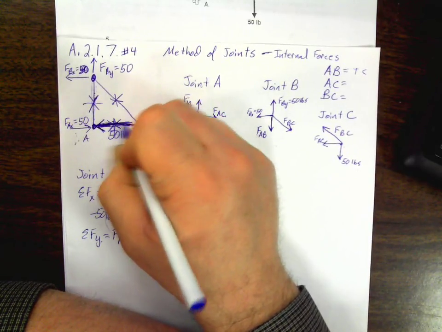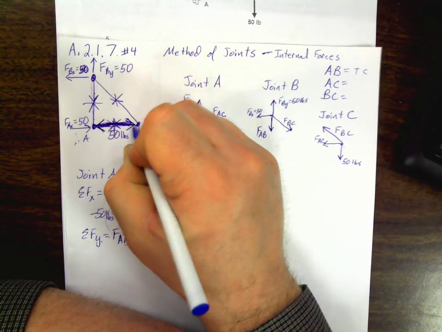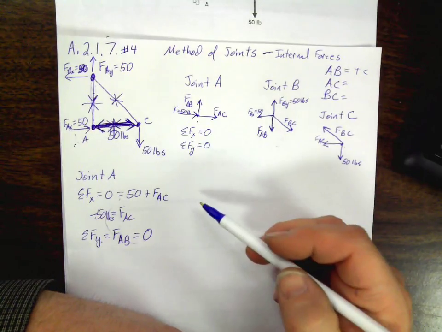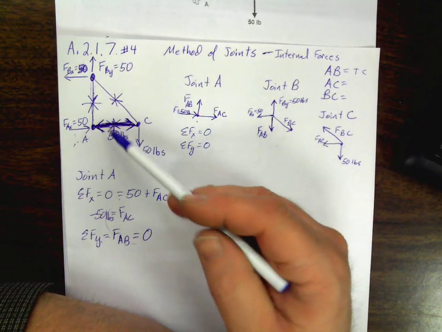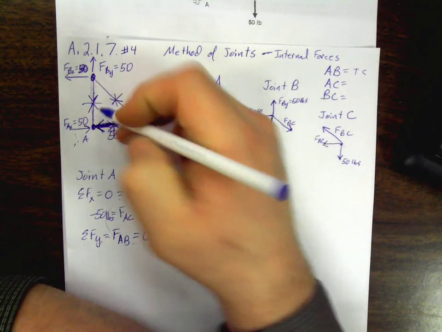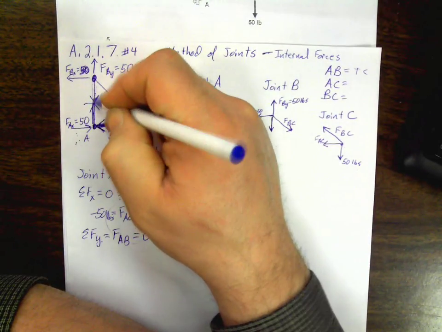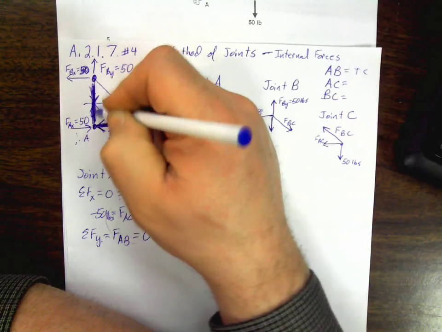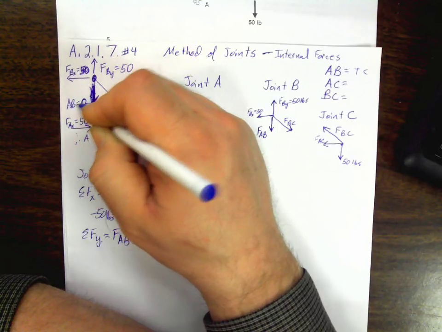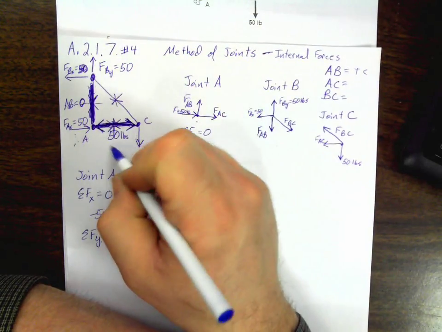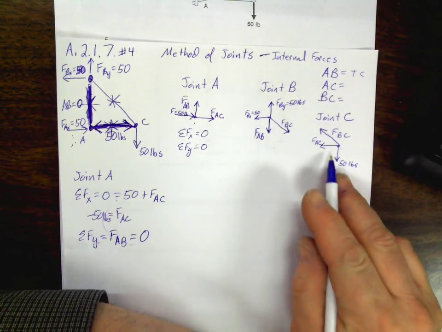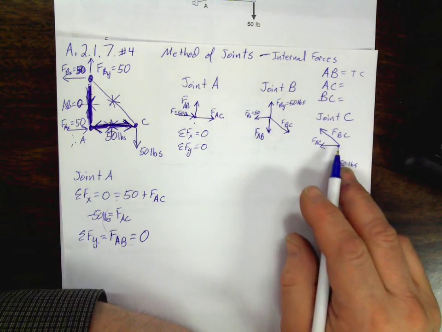So we've got force of AC, which is 50 pounds. We got this 50 pound force down here. And we got the force here of BC. Now, we've got our force of BC in the Y, and we've got our force of BC in the X as well.